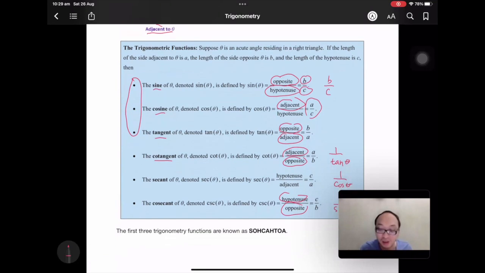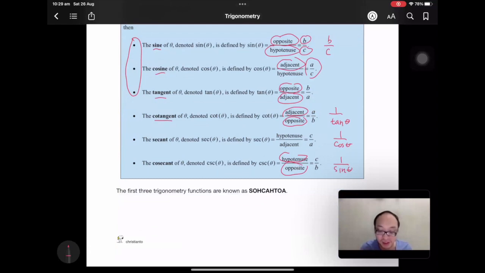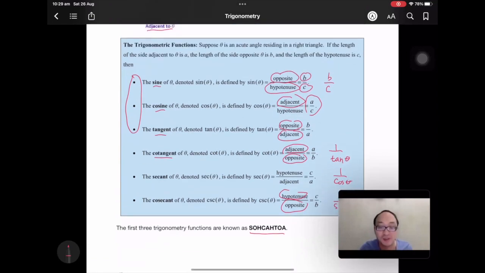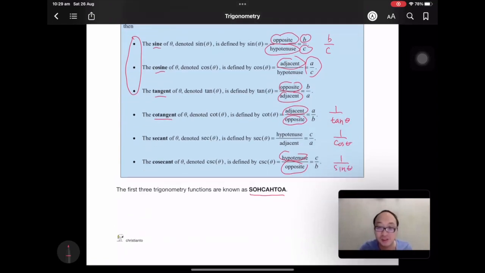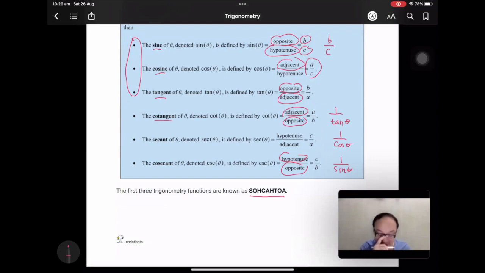And we can use the term SOHCAHTOA to remember the ratios easily. SOH: sine is opposite over hypotenuse.